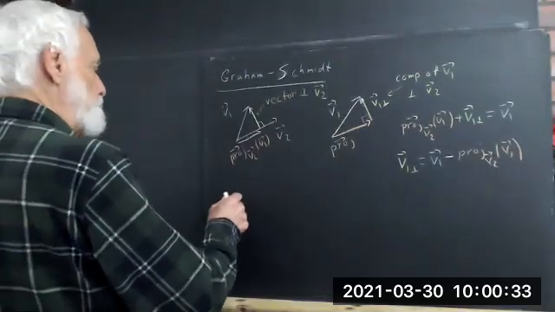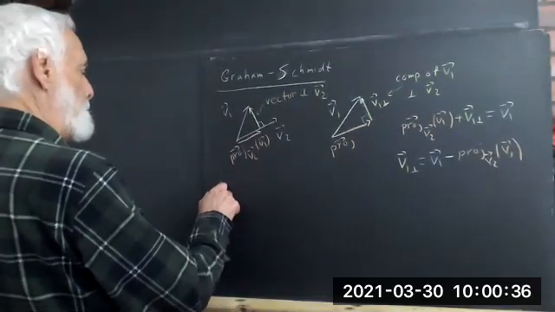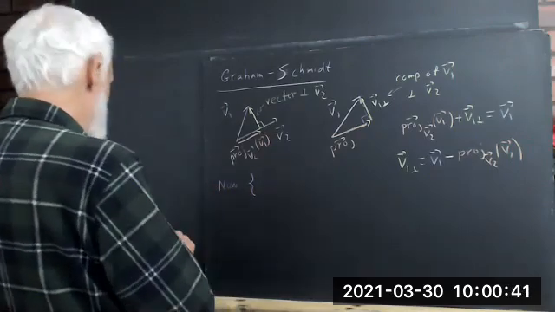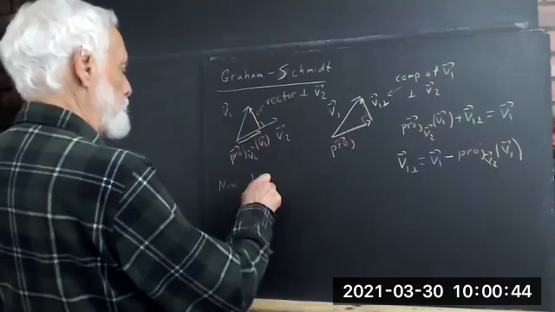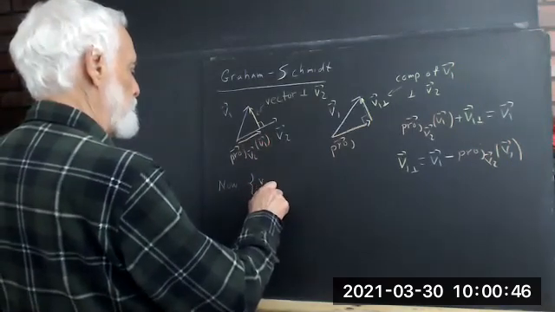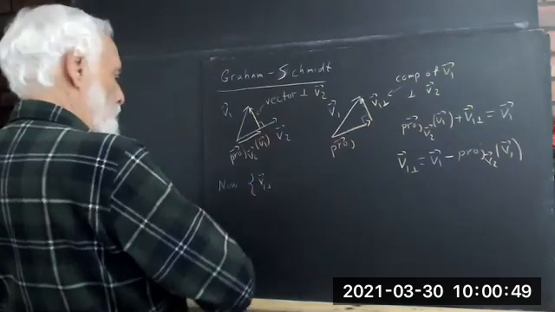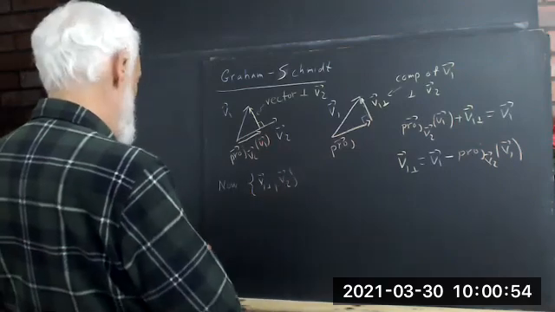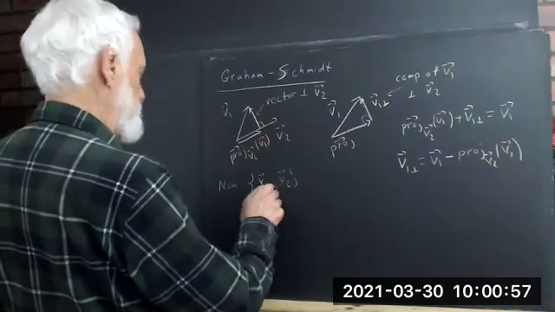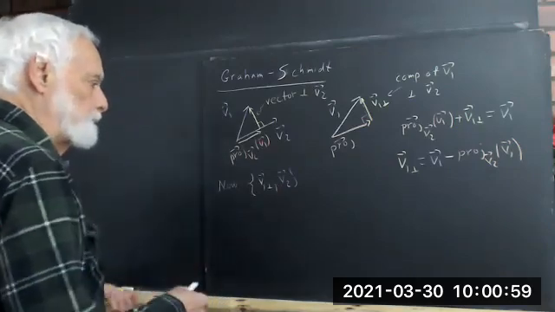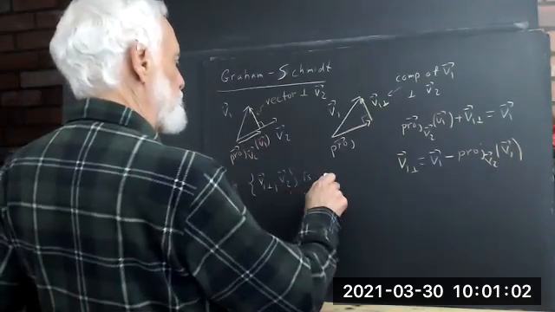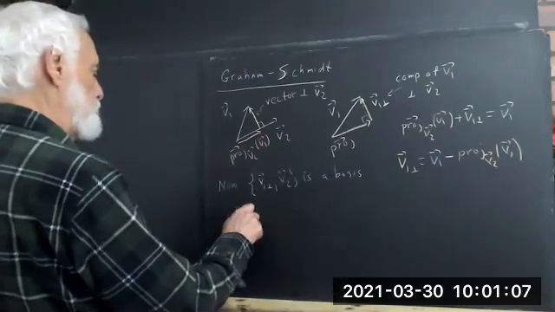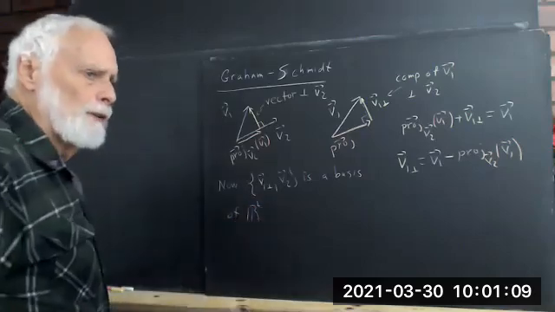I'm going to say the set V1 perpendicular, V2 is a basis of R2.